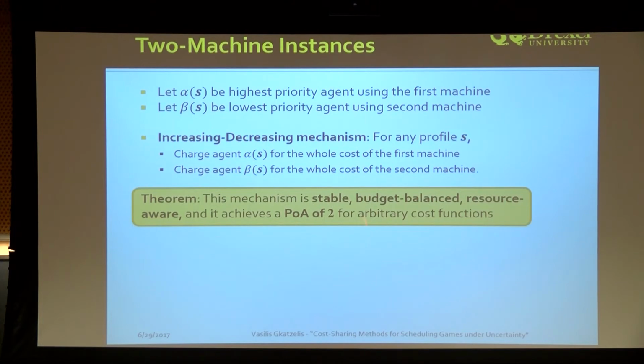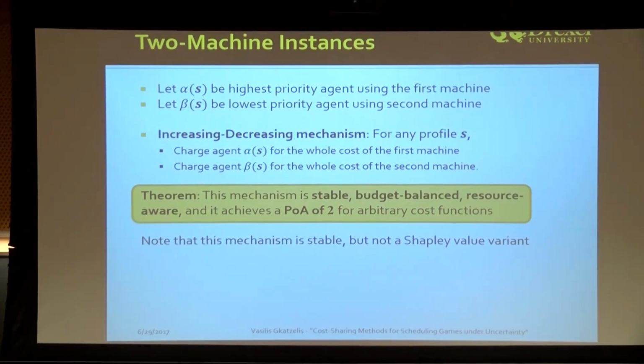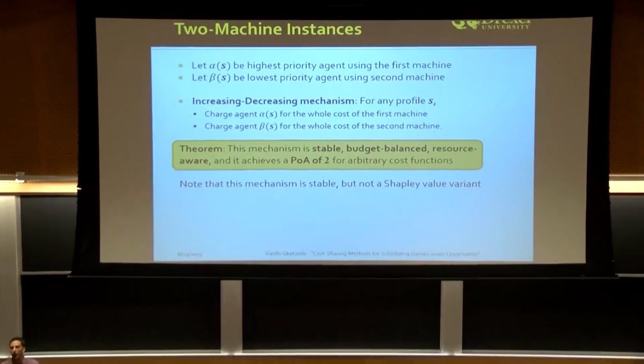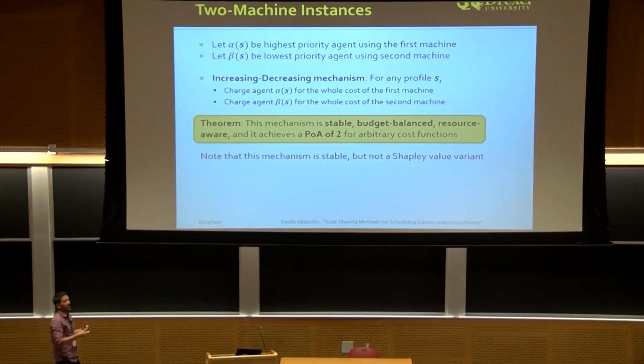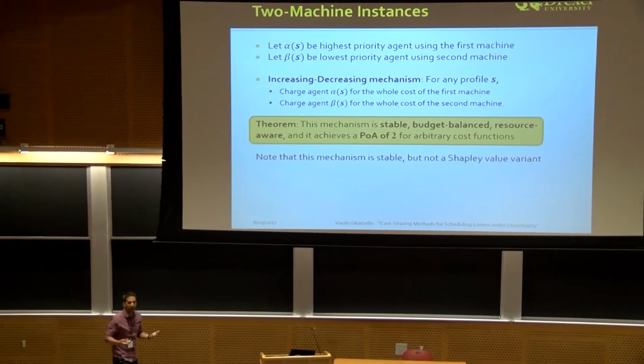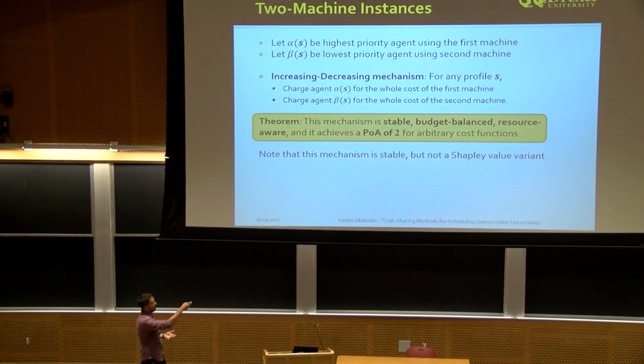For this one, we also get a price of anarchy of 2 for arbitrary cost functions. One interesting thing is that it's stable, but it's not a Shapley value variant. For those of you who know what Shapley value cost sharing is, this is one natural way to guarantee stability, the existence of pure equilibria. This one is not one of those cost-sharing mechanisms.